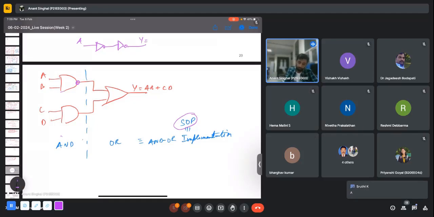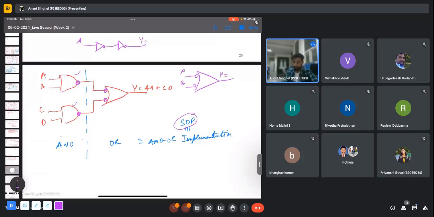A only, right? So I am using two NOT gates in series in this circuit directly. So you can see this has become a NAND gate, and these gates look something like inverted inputs.